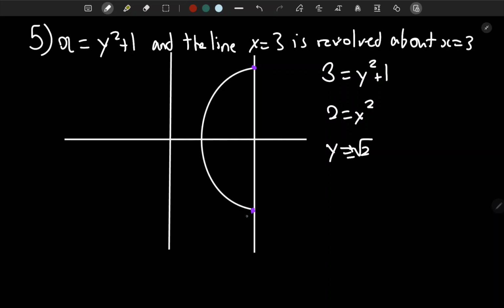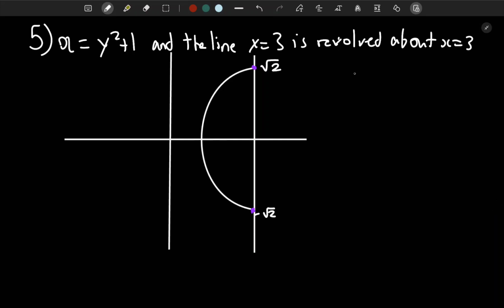So this lower point is minus radical 2, and this upper point is plus radical 2. So we know our limits now. So that's one more step done. Now we need to find the radius, which is the most challenging part. So let me actually write pi, radical 2 to minus radical 2, and then positive radical 2.